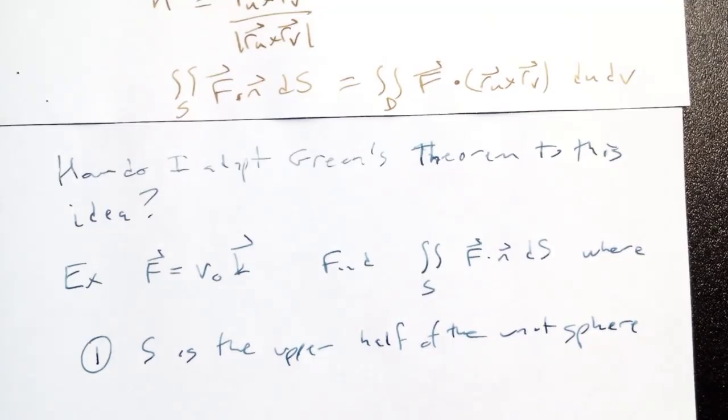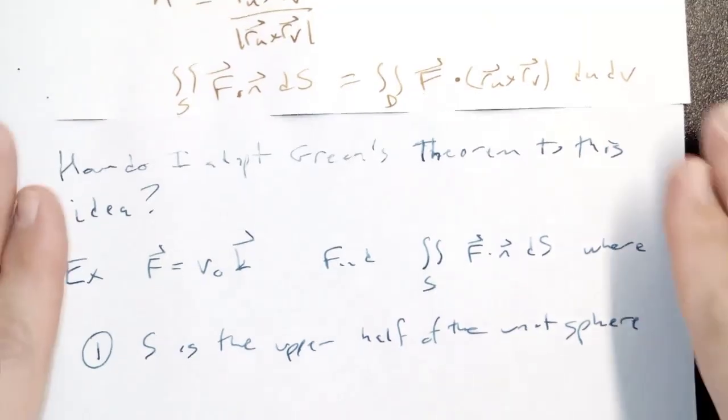I'm going to do the surface integral, the flux. I want to find the flux through the upper hemisphere of the unit ball. Wait a minute. That's a function. What's the graph z equals for the upper half of the unit sphere?